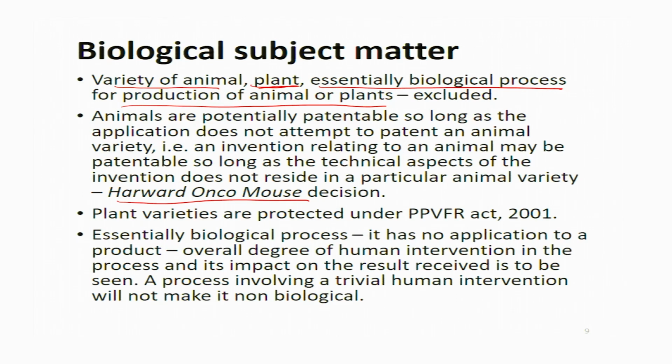Initially, when patent was claimed on the Harvard Onco mouse, in various patent offices it was opposed on the ground that mouse is a high life form and patent must not be granted. It is not a bacteria, it is a high life form. The claim was on a genetically modified non-human mammal.